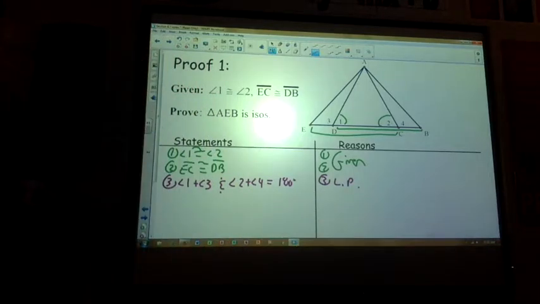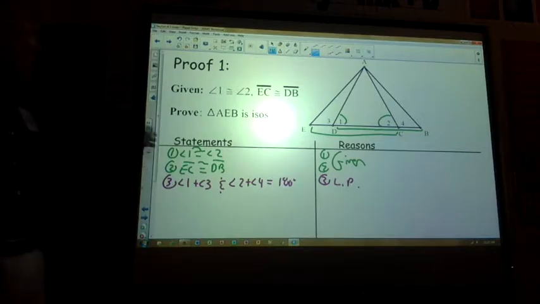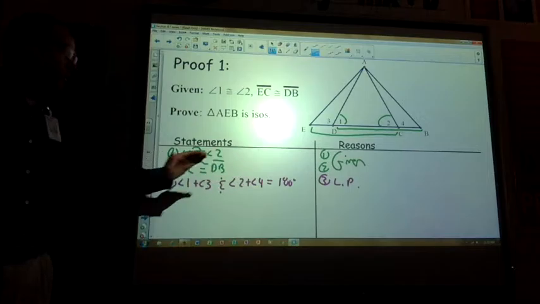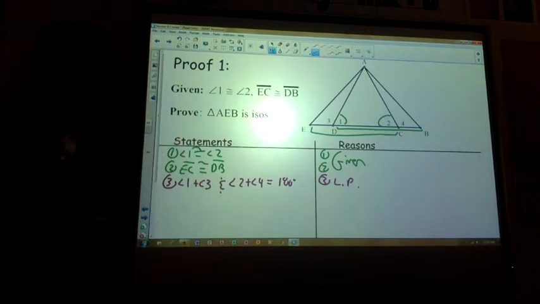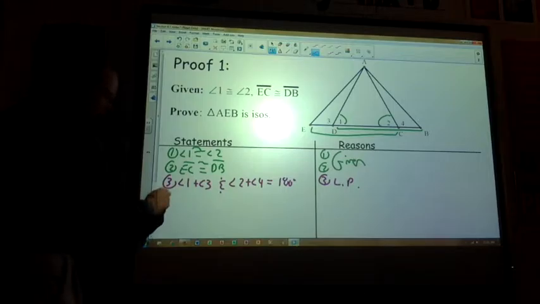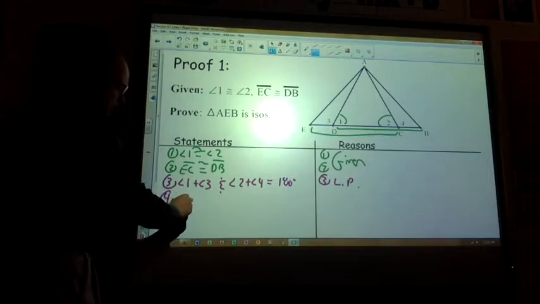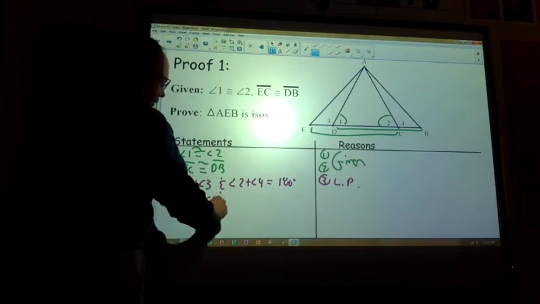Could we skip a whole bunch because we obviously see the logic? We can go to saying that angle 3 and angle 4 are congruent. If I didn't, I would set those equal to each other, then sub in angle 1 into angle 2, and then we'd be able to prove it. But I think we could make this jump right here. Angle 3 is congruent to angle 4.